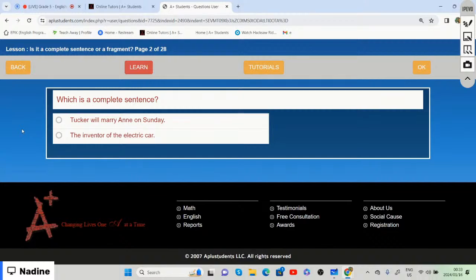So is it option one or option two, a complete sentence with both subject as well as a verb?